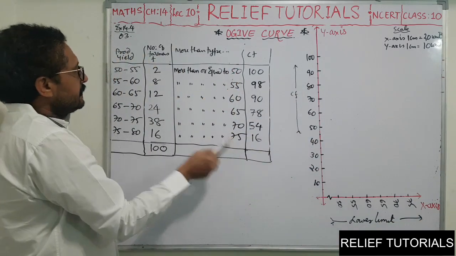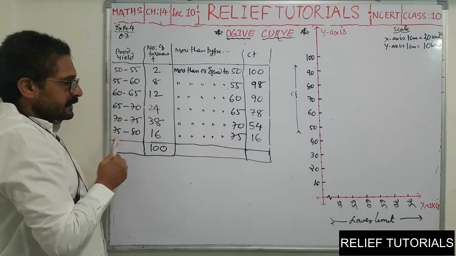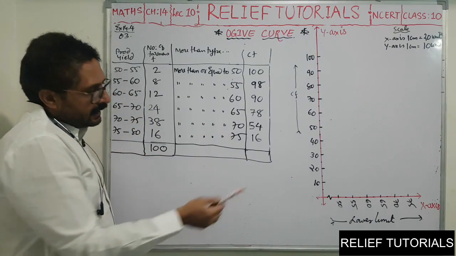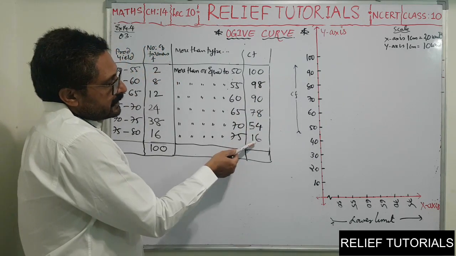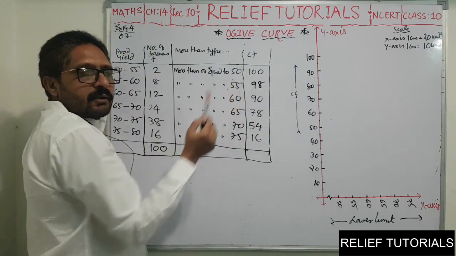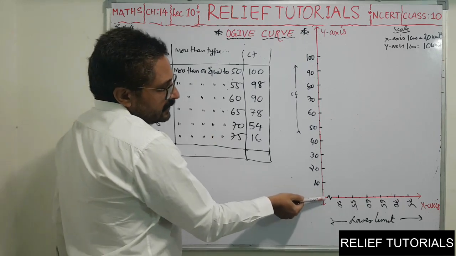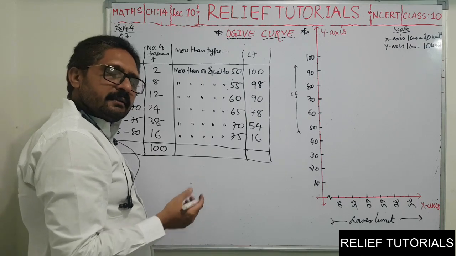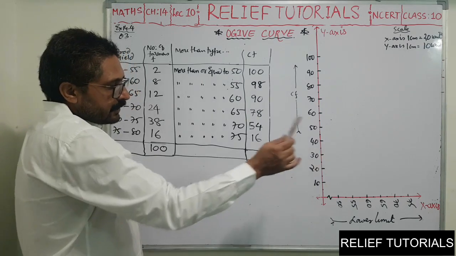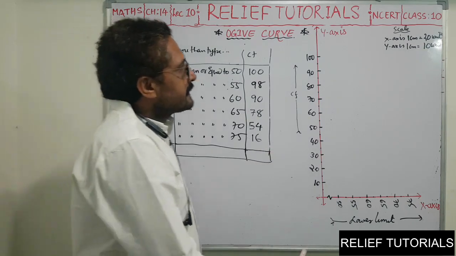See, lower limits 50, 55, 60, 65, 70, 75 we have taken on the x-axis, and on the y-axis we have taken cumulative frequency. The cumulative frequency goes from 16 to 100. So what will be our scale? I have taken 0, 10, 20, 30, 40, 50. I told you that you have to select an appropriate scale.